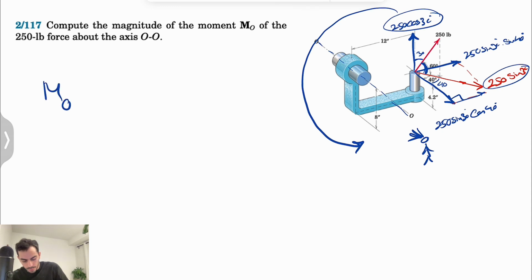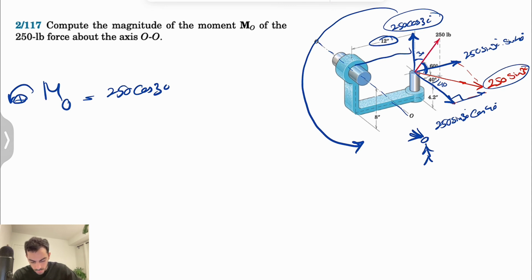So the first moment that we have, considering counterclockwise moment positive, is 250 cosine of 30. That's our force, and the distance would be basically the vertical distance to the axis, which is 12 inches. So one of the moments is out.